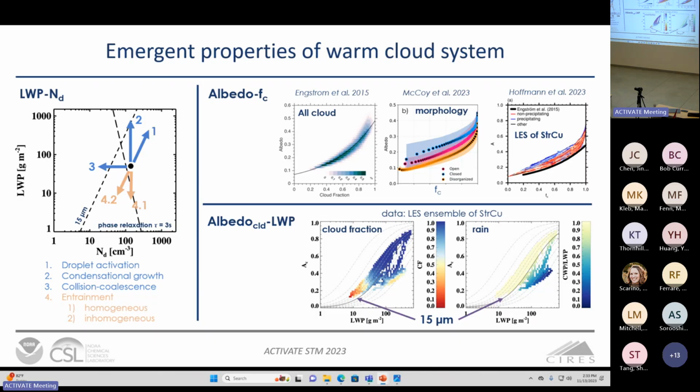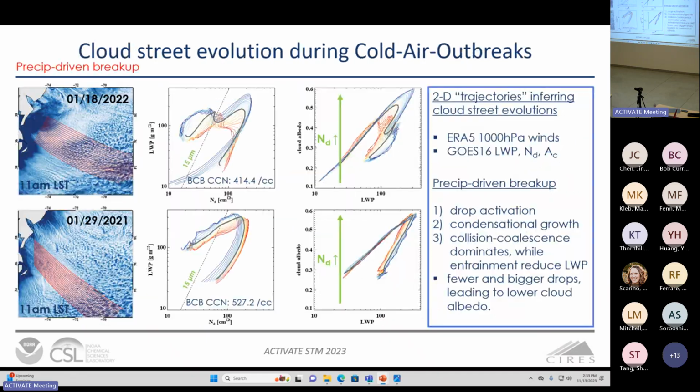That will be your macrophysical response of albedo because you have the same liquid path. So this is the entrainment breakup. Then you have the precipitation breakup, where you have a decrease in number and an increase in droplet sizes and lowering cloud fraction. In the simulations, you see this cloud water path to liquid path ratio really drops in this precipitation region.